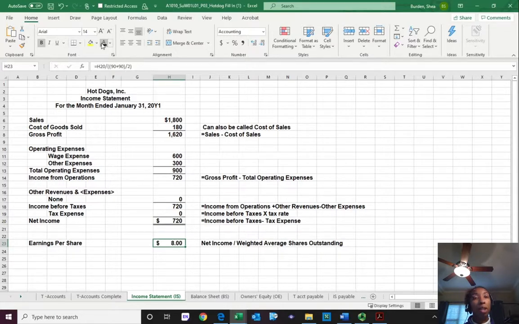Your weighted average shares in this situation, your beginning and ending, you had 90 shares outstanding the whole year.